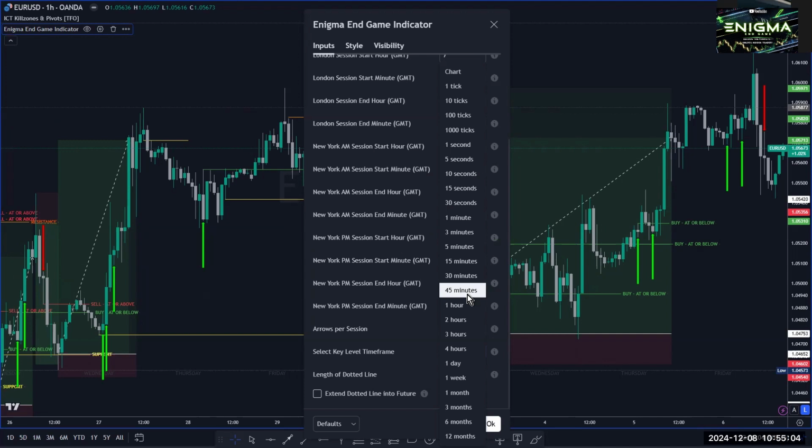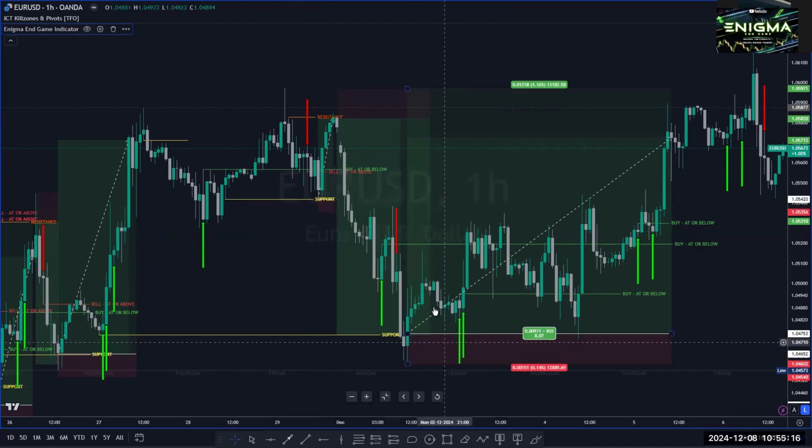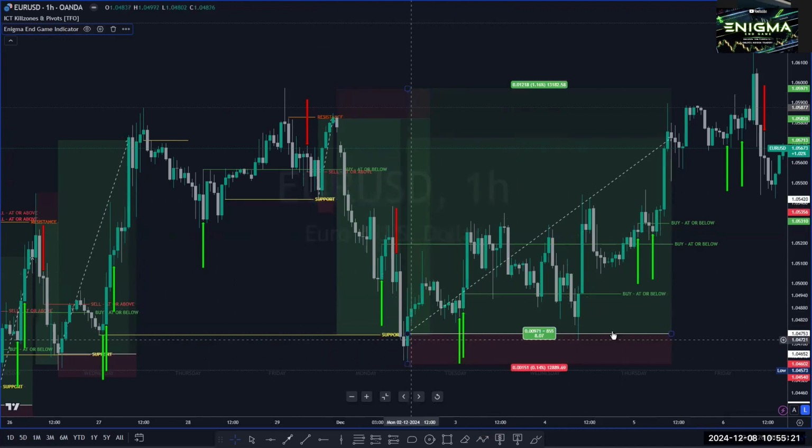Everything is hidden, everything is coded. So 45 here actually doesn't mean 45 minutes, it means 9. That's why this selected time frame for Enigma and for swing trading is going to provide the highest level of accuracy, right?